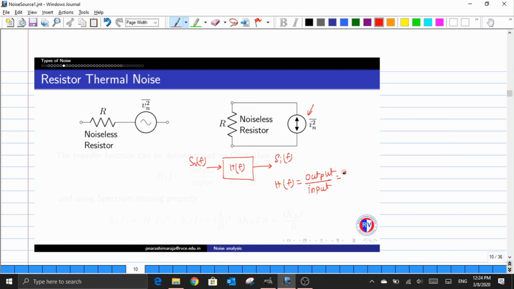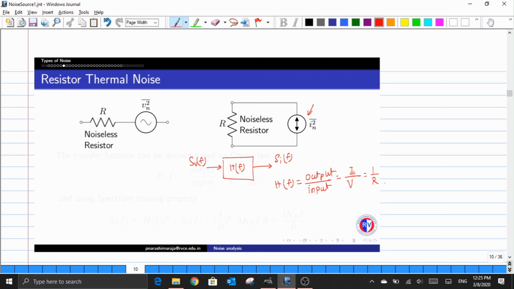So at the output we are expecting a current, whereas at the input we are feeding a voltage. And from the simple Ohm's law relation, one could write this I by V as nothing but 1 by R. Now that is the transfer function, bringing the input, that is voltage, to the output, that is current.